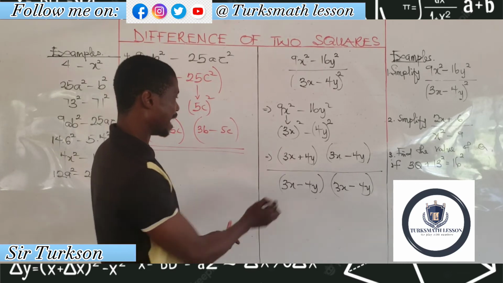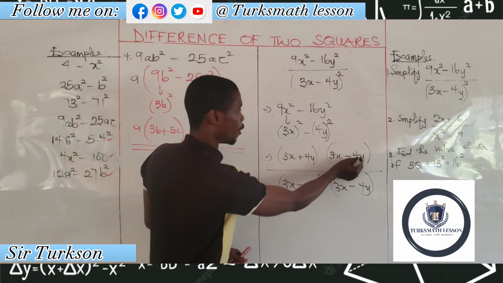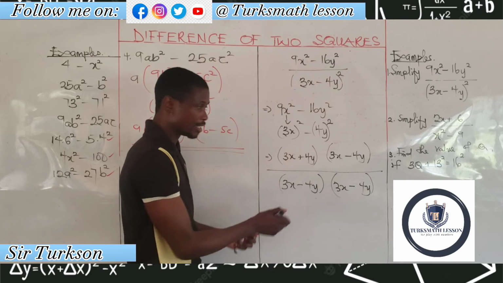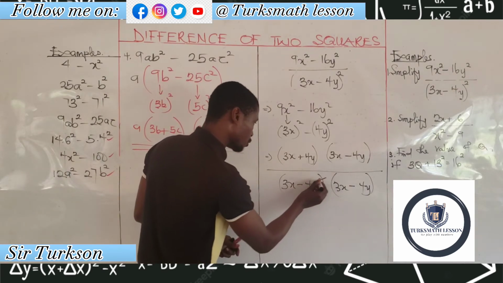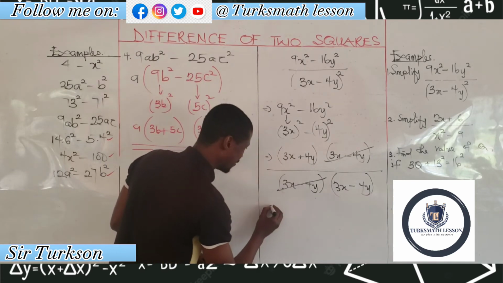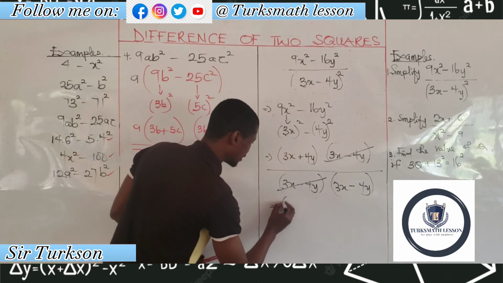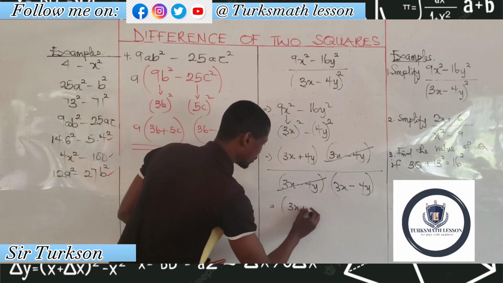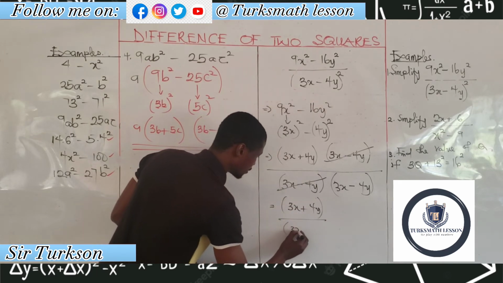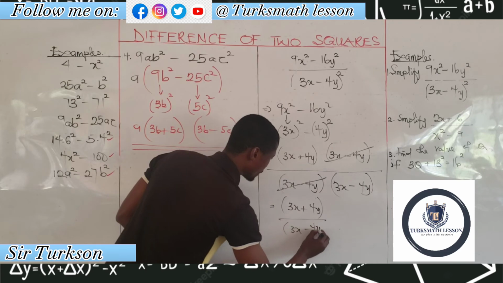We have 3x minus 4y. Do you have 3x minus 4y at the bottom? Yes. So this and this will go. Right? So now we are left with 3x plus 4y over 3x minus 4y.